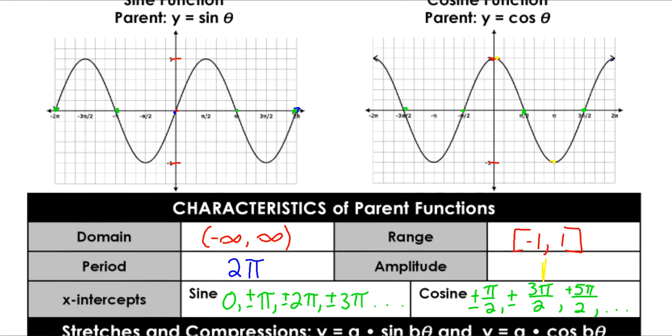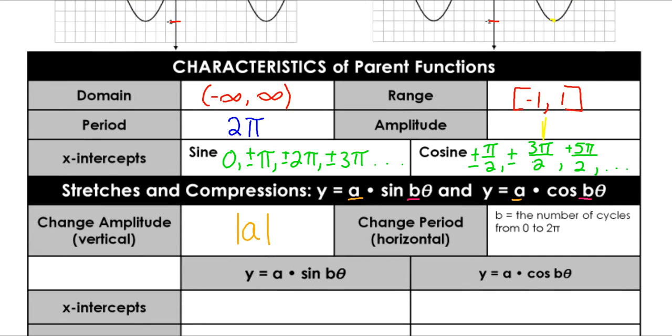In our parent functions here, we know that between 0 and 2 pi, 1 cycle happens. So if that changes because of a b value, that means that we're going to have more or fewer cycles happening between 0 and 2 pi. So we would find that change by doing 2 pi over the absolute value of b. So that b value is what's going to affect whether that cycle gets shorter or longer.